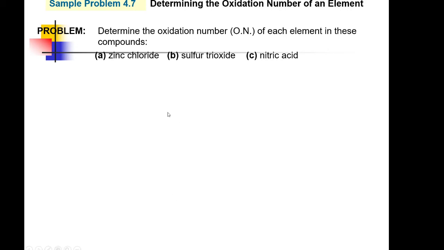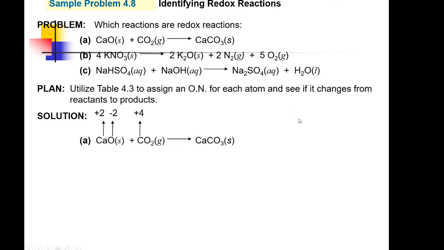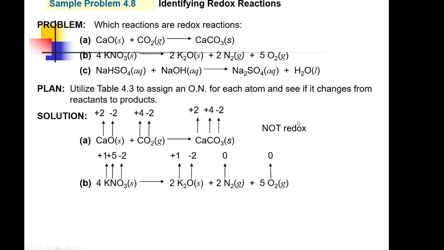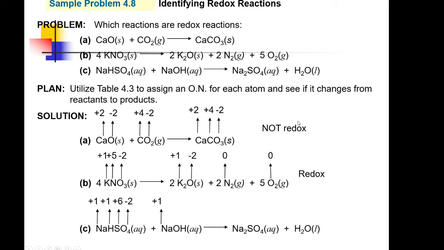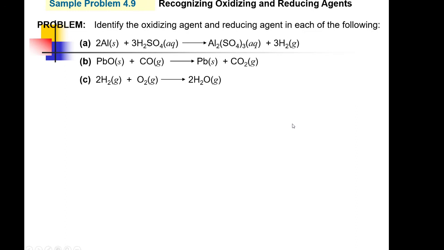It's just assigning oxidation numbers. You can do sample problem 4.8. Is it a redox reaction or not? Here's a summary of redox, and this is a figure right out of your book. We could try sample problem 4.9.